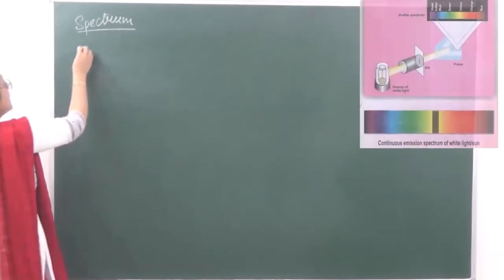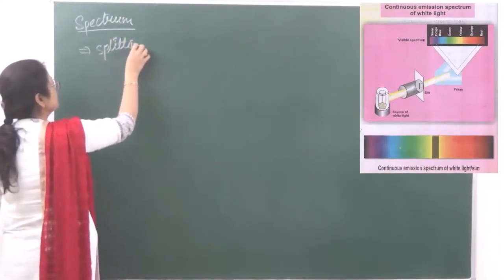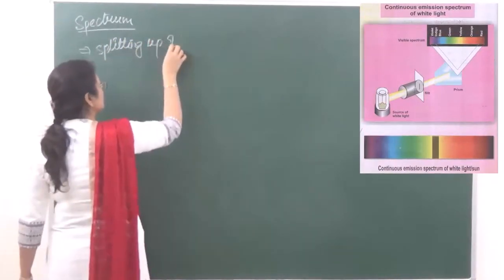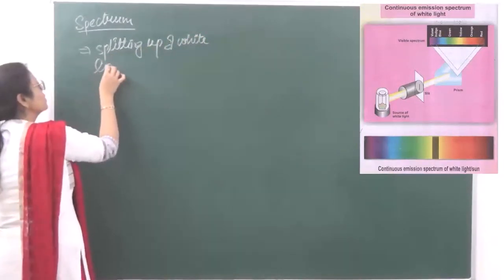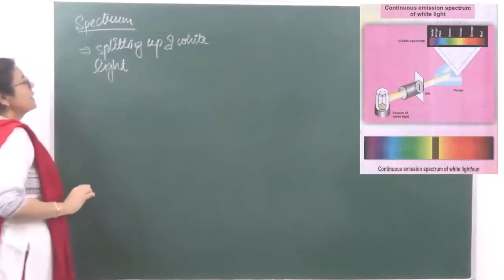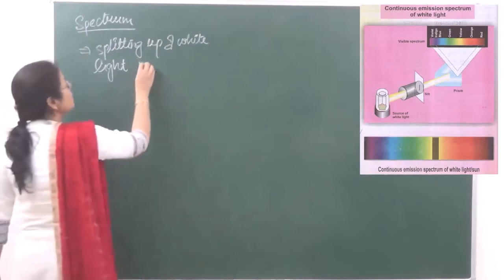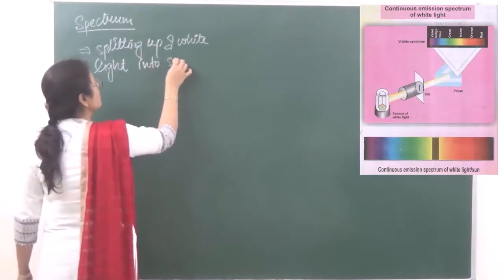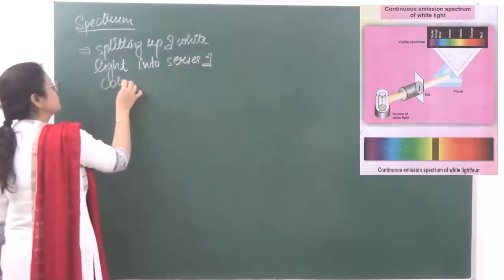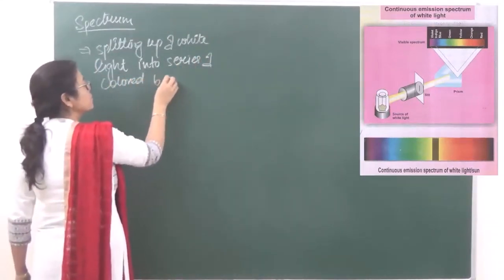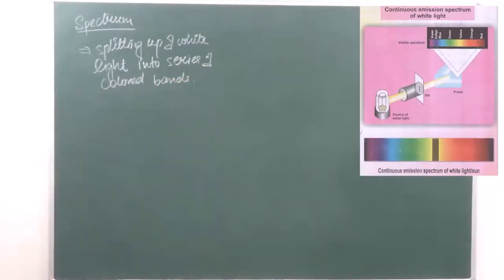Spectrum is the splitting up of white light into a series of colored bands. Colored bands or colored lines, that is what a spectrum is.